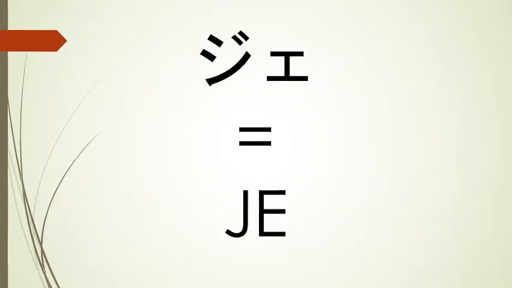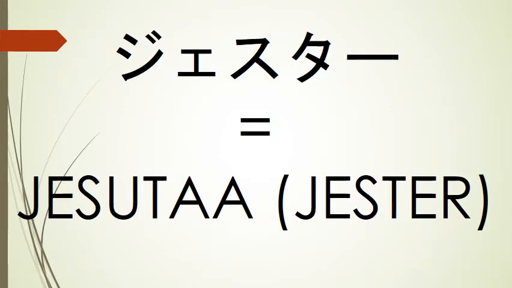Similarly, if we take ji and a small a, we get je. So, if I put together ji, a small e, su, ta, and a long dash, the word we get is jesuta, which means jester.